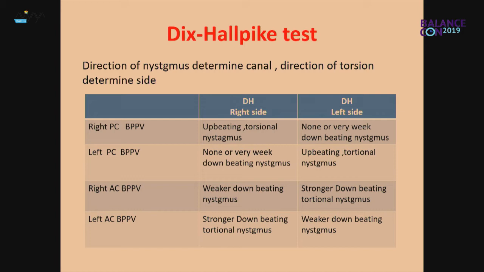For the right anterior canal BPPV, you will find anterior canal, like if you put the patient in the right Dix-Hallpike, which anterior canal are you testing? Correct? Yes. So it's LARP and RALP.